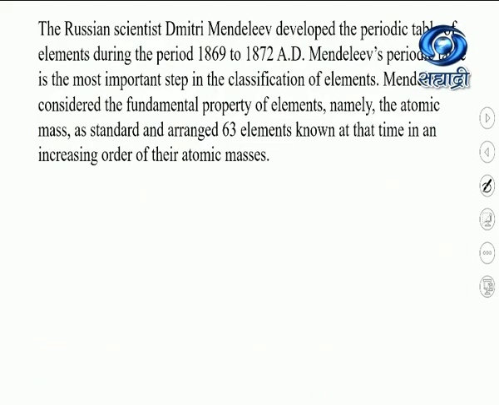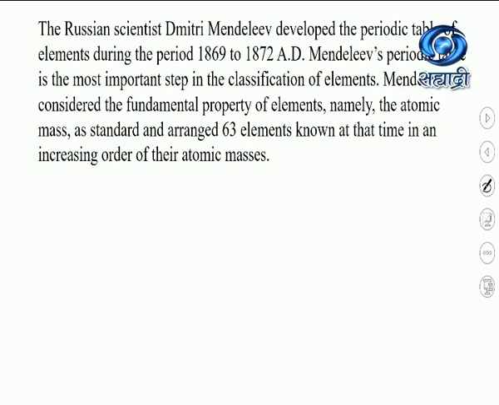Let us revise this. The Russian scientist Dmitri Mendeleev developed the periodic table of elements during the period 1869 to 1872 AD. Mendeleev's periodic table is the most important step in the classification of elements.